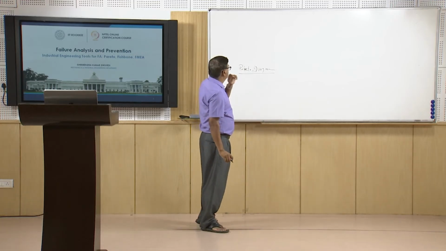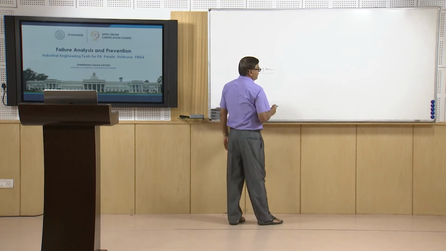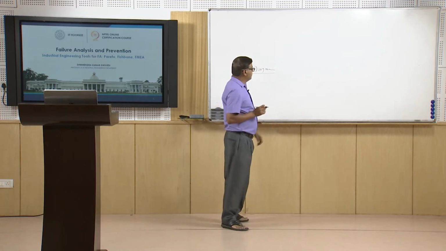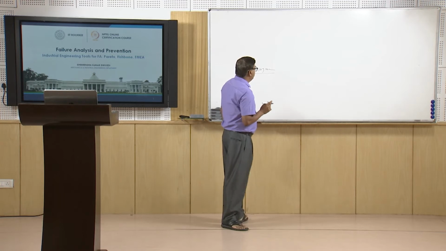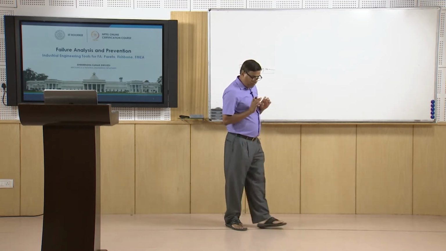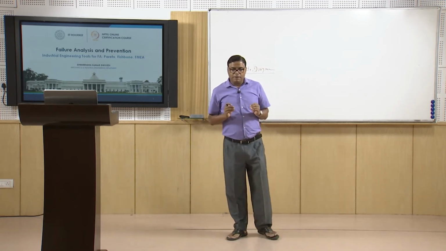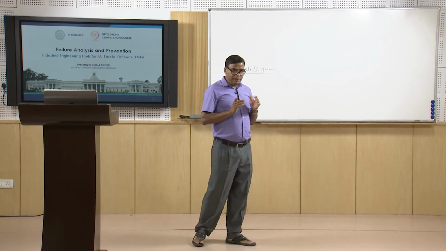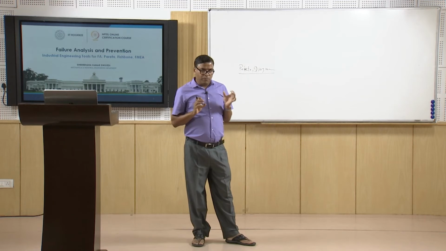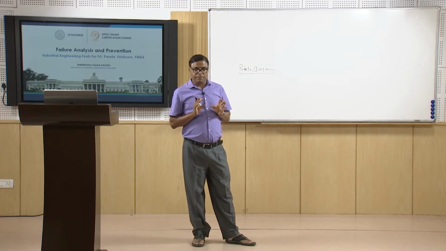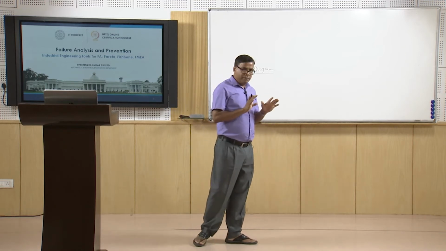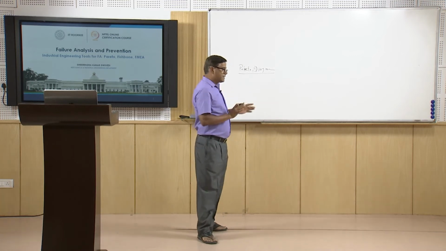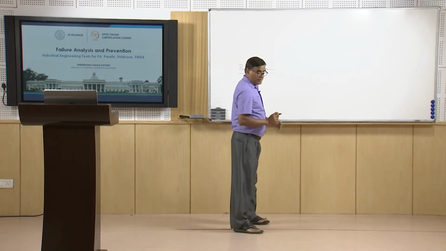This Pareto diagram actually was developed by a scientist from Italy, and he performed one study in the city of Venice in Italy to see what is the wealth distribution among the various residents and citizens of that particular city.